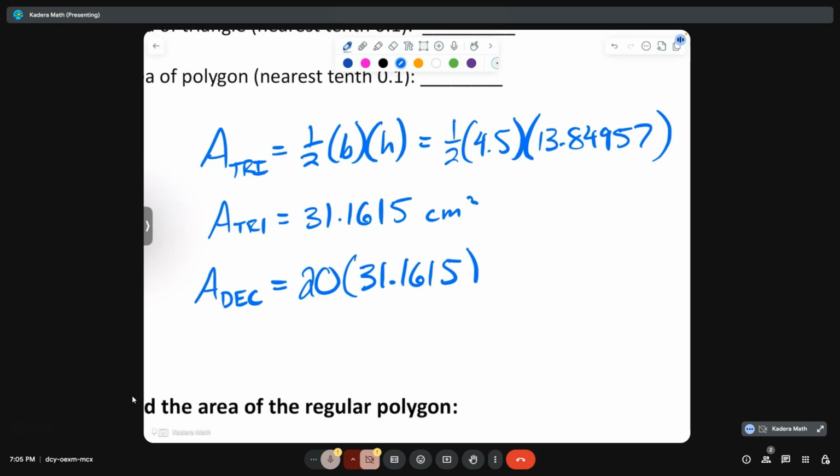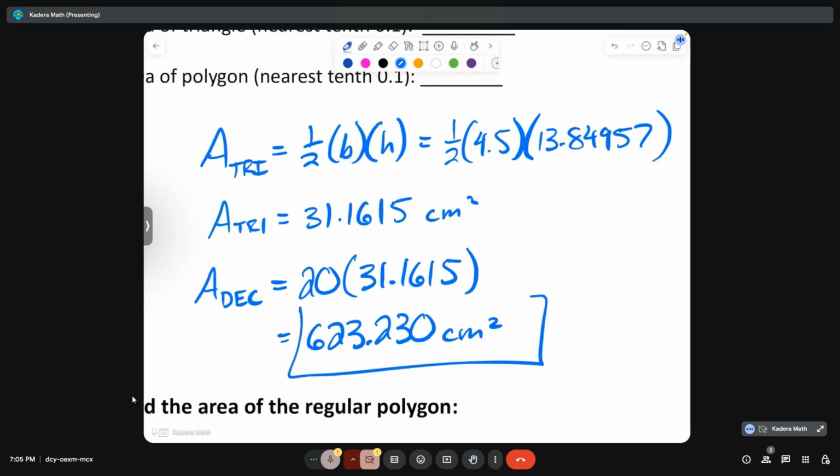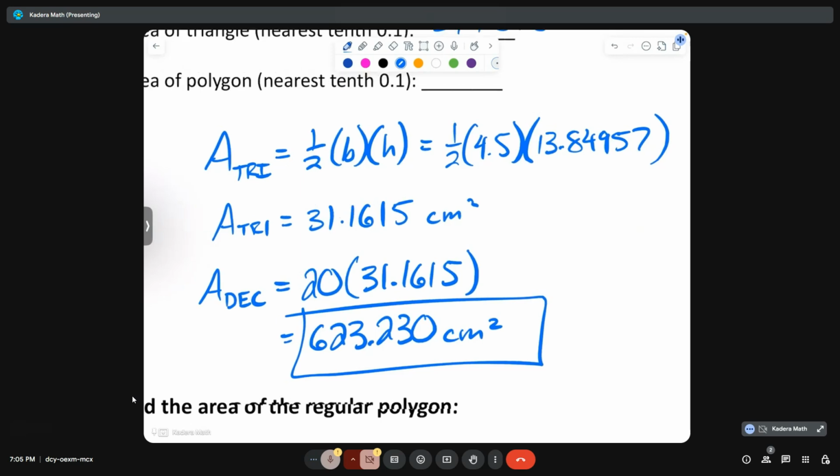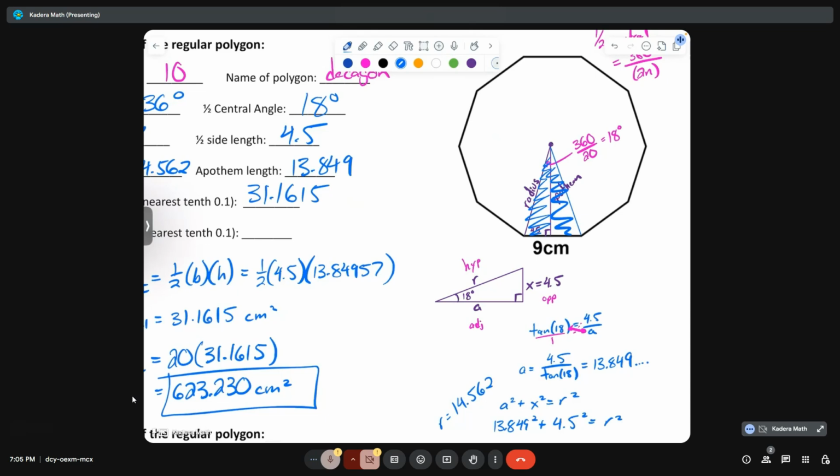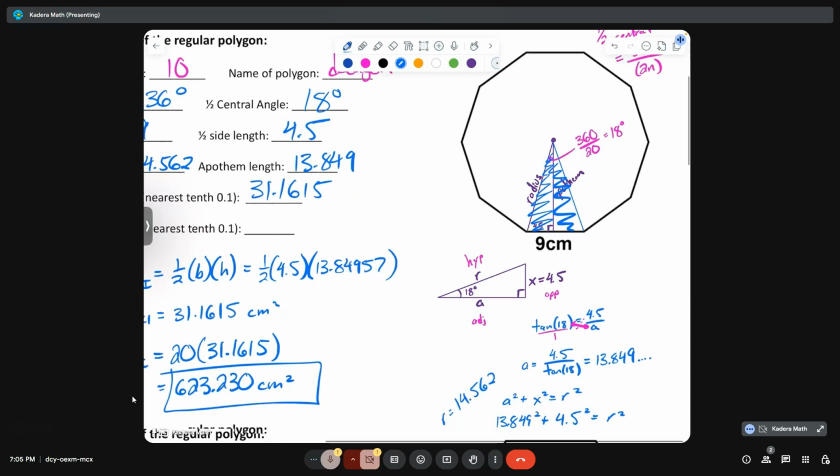So I'm just going to take my answer times 20. Bam. That is 623.230 centimeters squared. There it is. Area of the decagon, done. And you could put it up in the little sidebar there. But that's basically it. Basically, you take the regular polygon, you break it into a right triangle, and you're golden.